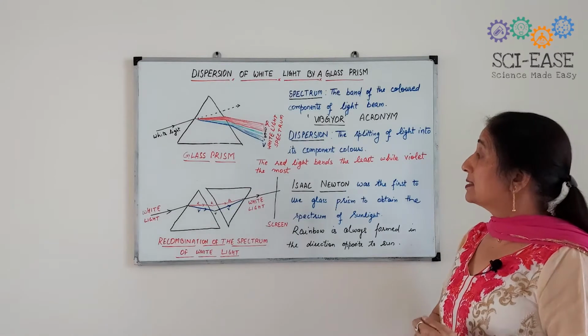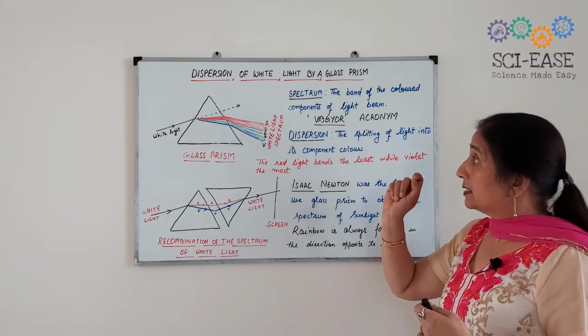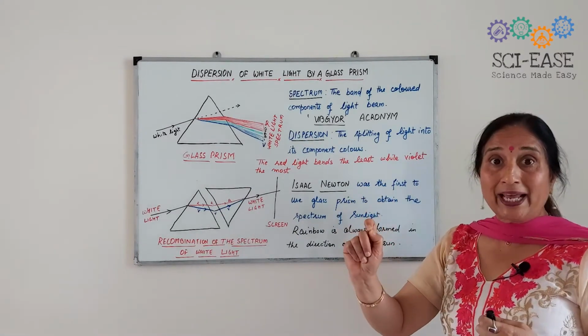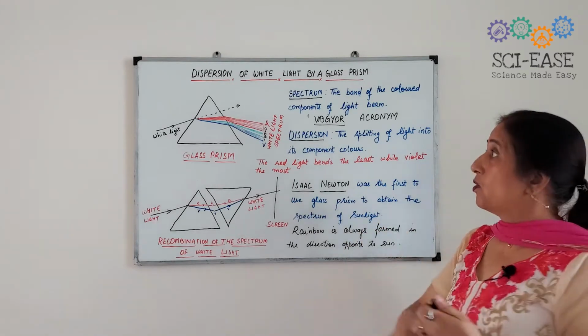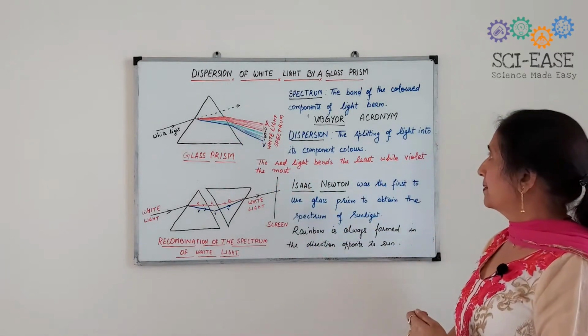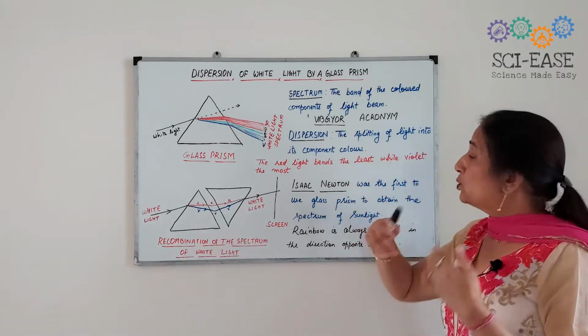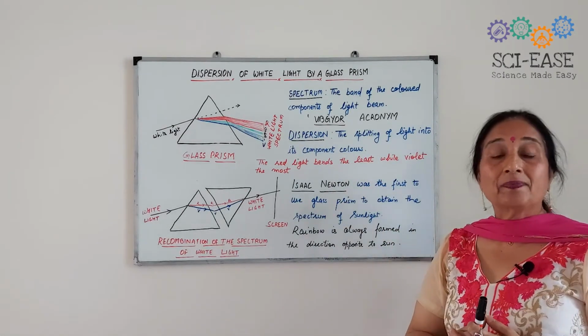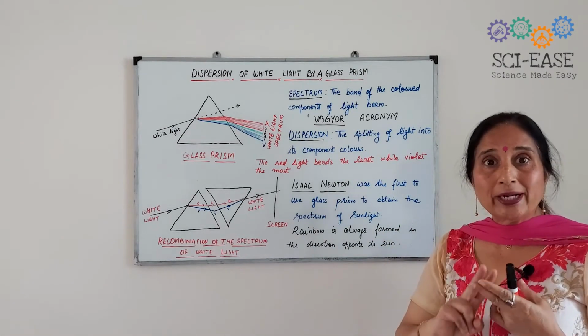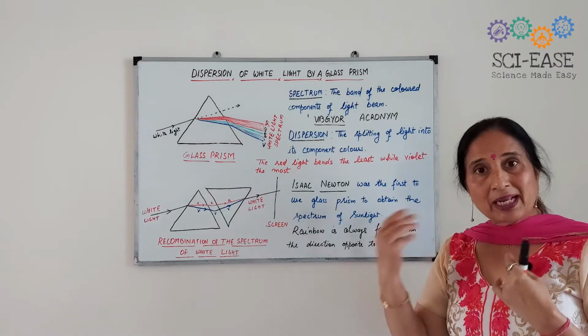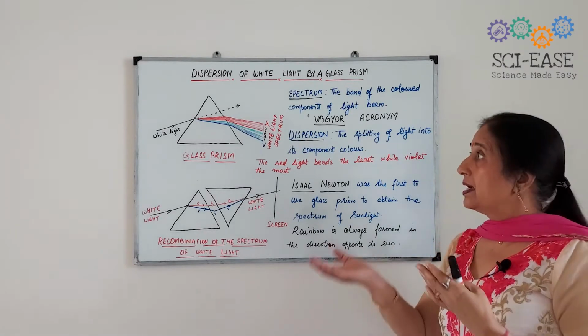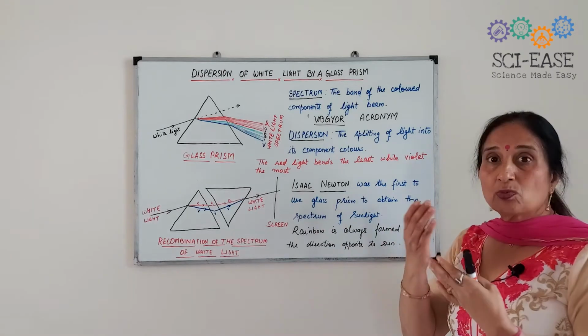The term that I'm going to explain here is dispersion. What is dispersion? The splitting of light into its component colors. That is dispersion. So, 2 definitions we have done. Sometimes definitions are asked. First definition, what is spectrum?